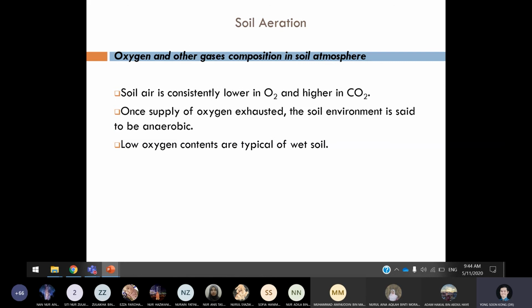Now, I'm not going to tell you too much about soil aeration, because if there is air inside, that means more oxygen, and life can be sustained. It will probably give you more red color from the iron oxide, but that's not our concern. Our concern is that aeration is important to allow oxygen in to sustain life.